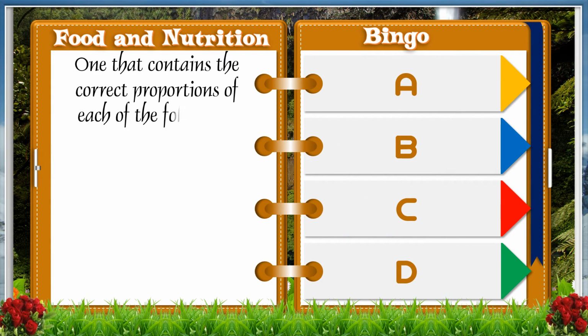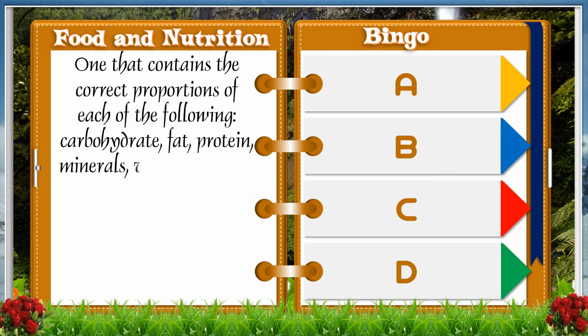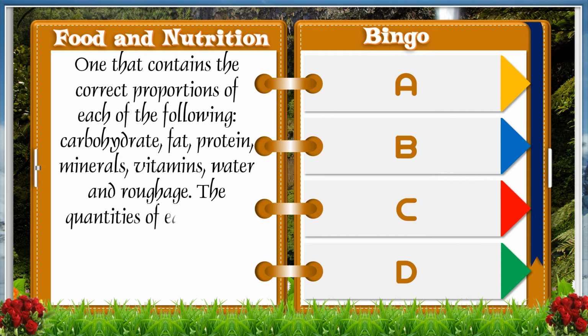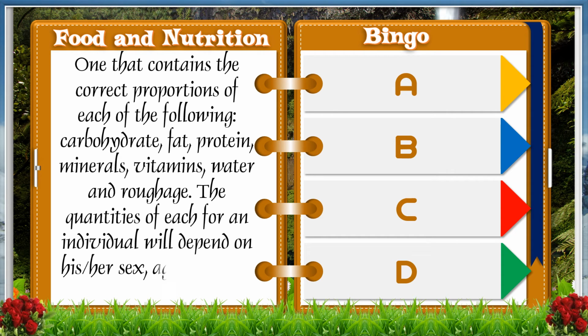One that contains the correct proportion of each of the following: carbohydrates, fats, proteins, minerals, vitamins, water, and roughage. The quantities of each for an individual will depend on his or her sex, age, and level of physical activity.